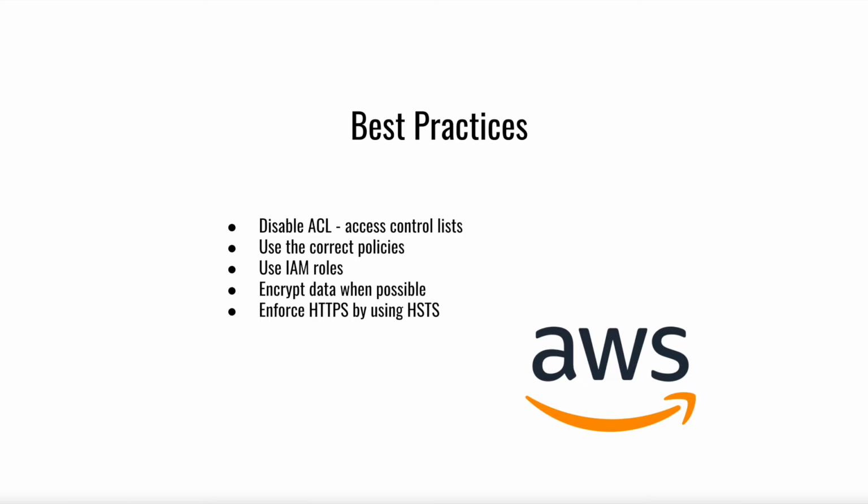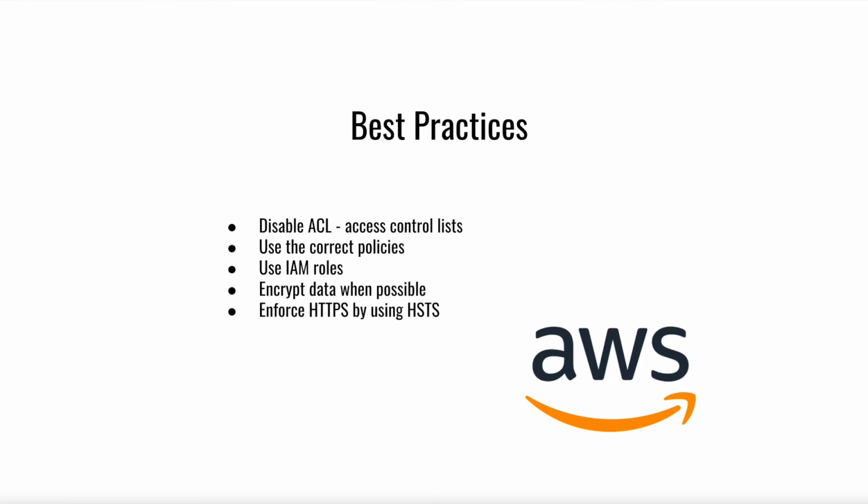Now, some of the best practices when using S3 are disabling ACL, or access control lists. They're usually not needed in modern S3 buckets. Instead, we use policies. So you're going to want to use the correct policies and get those set up. Those offer better protection and security than an ACL. We utilize IAM roles in applications that access your S3 bucket.